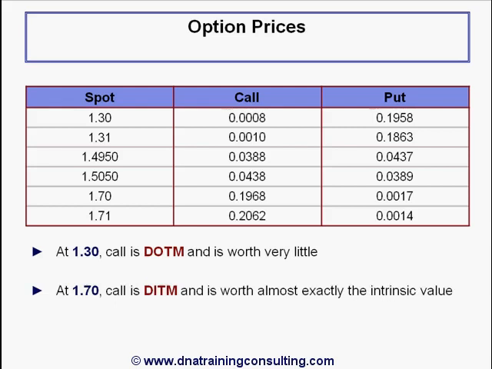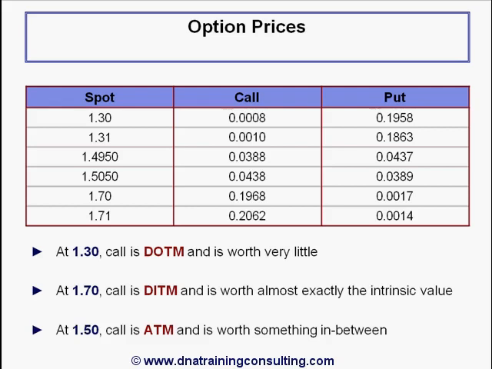In fact, it is almost exactly equal to the call's intrinsic value, which we define as the forward minus the strike. And at 150, the call is at the money and is of course worth something in between these two extremes.